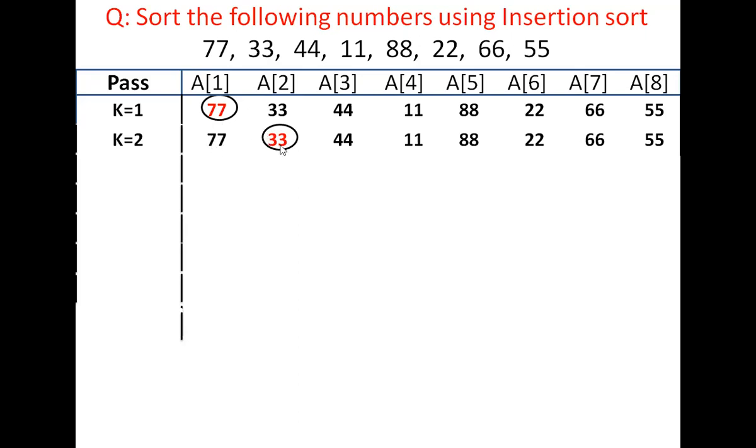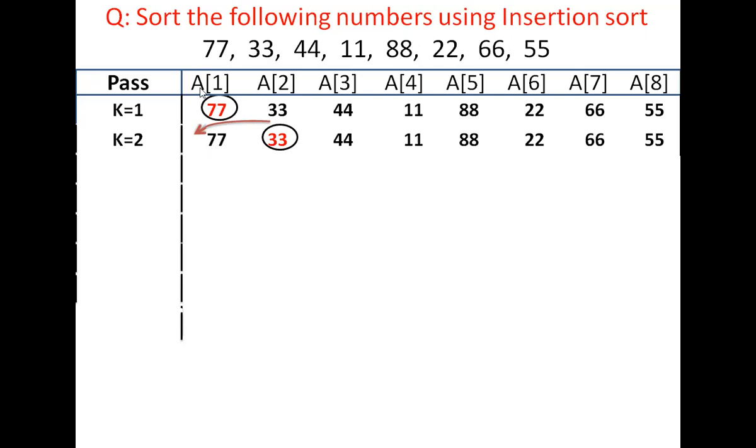We have to find a suitable place for this 33 on the left-hand side. Since 33 is less than 77, that means 33 should come before 77.